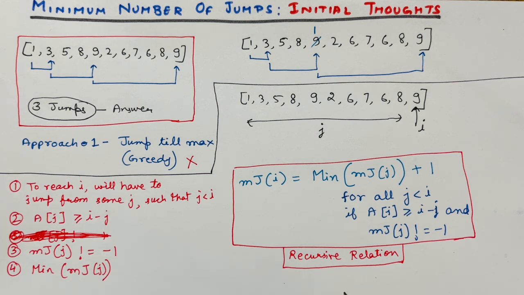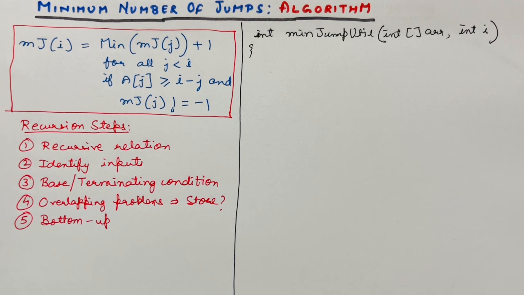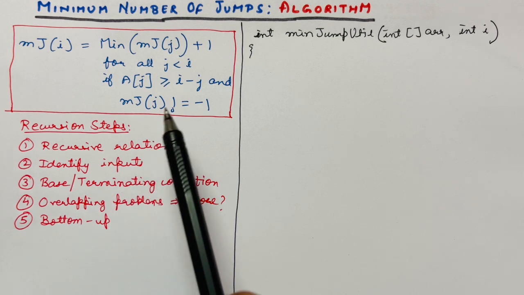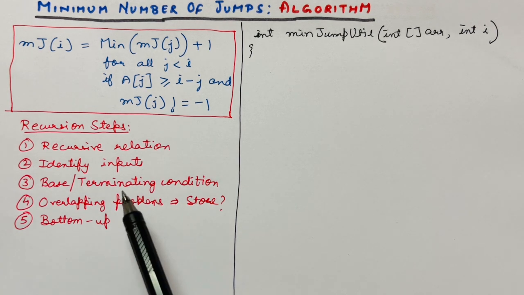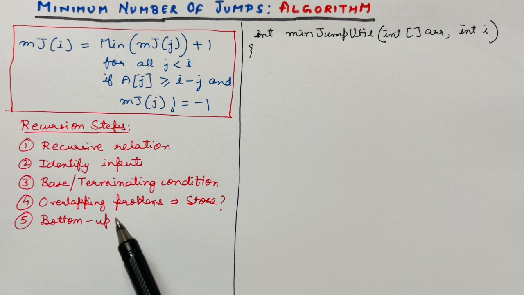Now we have the recursive relation, so we can try to convert this into an algorithm. And as with any recursion problem, we will go through writing the algorithm step by step. Our first step was identifying the recursive relation, which we have already done. Our second step was identifying the inputs that will go into the recursive method call that will call itself again and again.